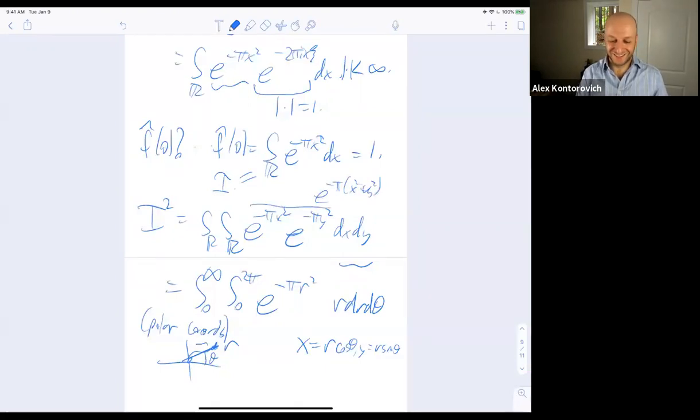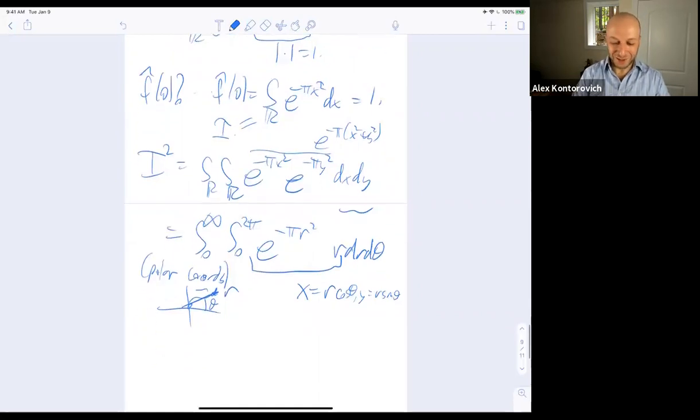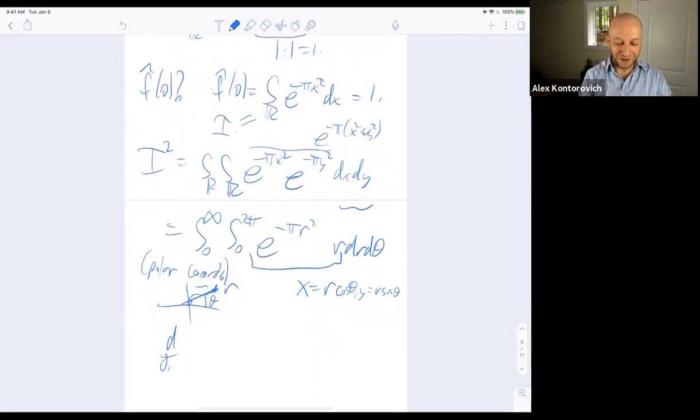Like we can switch the integrals, or like we got an r dr term. Yes, the Jacobian is saving us. Now this thing has a nice antiderivative. What's d/dr of e to the minus pi r squared? Well, it's e to the minus pi r squared, but then there's this stuff that comes down, minus 2 pi r.